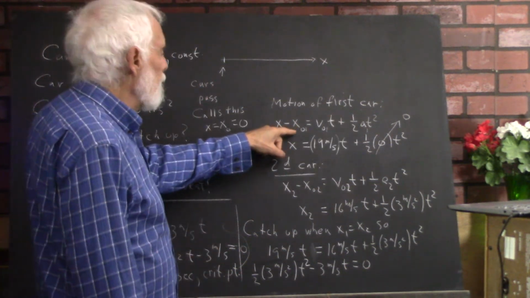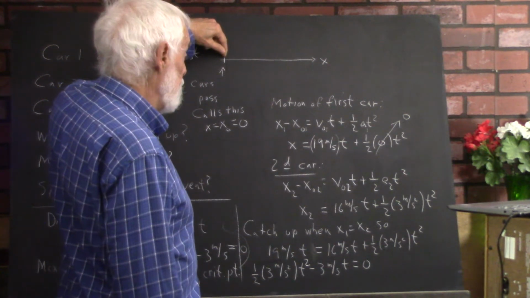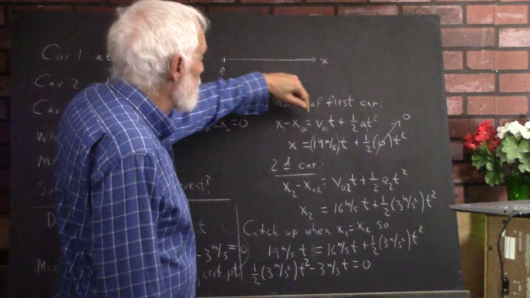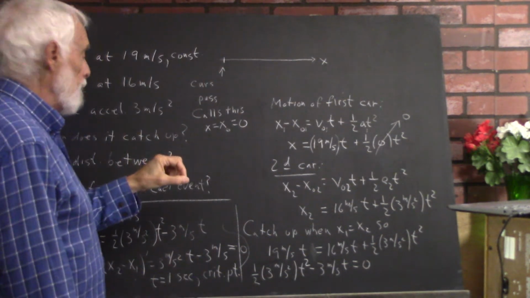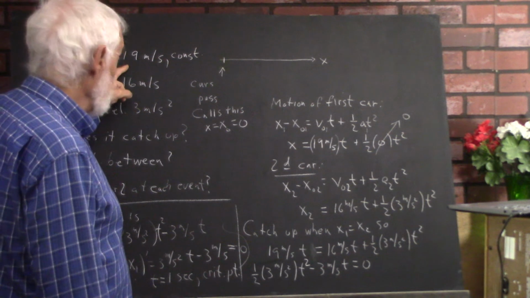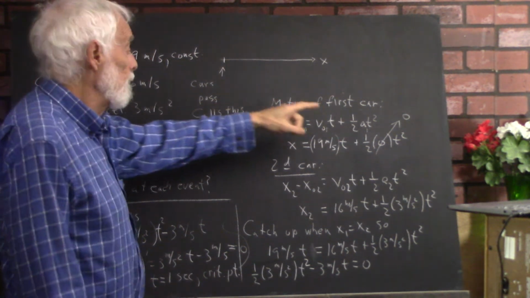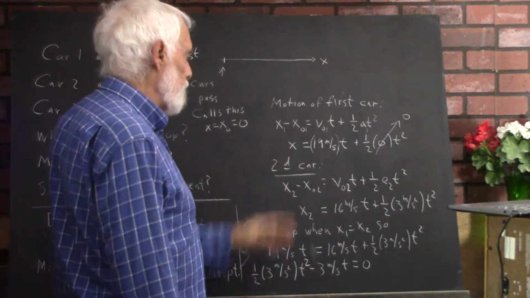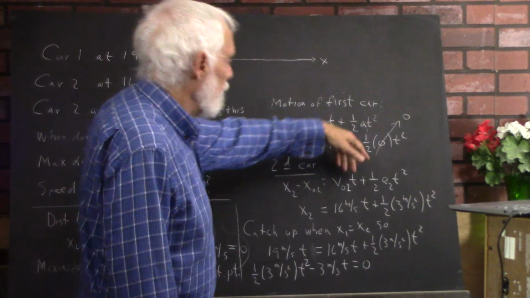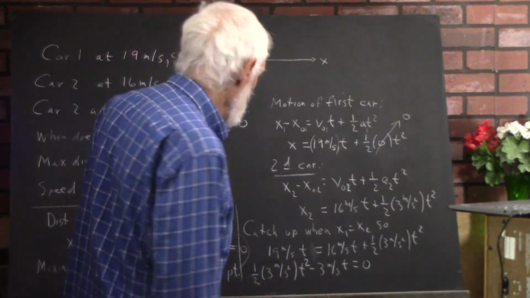So x01 is going to equal x02. Both of them are going to be here at t equals 0. v01 is the speed of the car at that time, and that's 19 meters per second. That's constant, which means there's 0 acceleration. So the equation for the first car is just what you see here. This term becomes 0. You just have 19 meters per second times t.